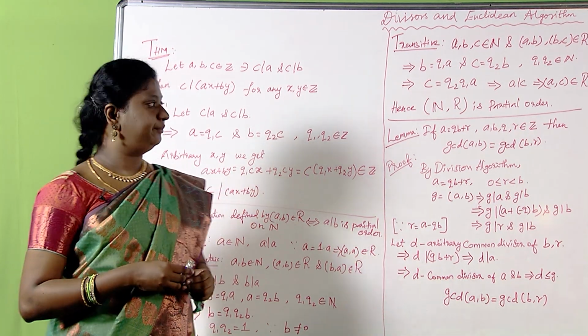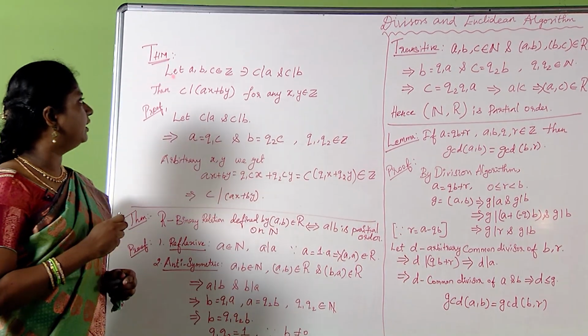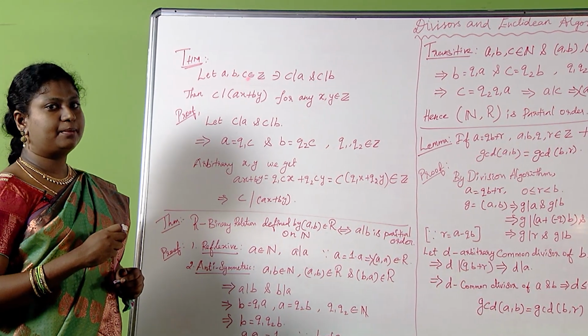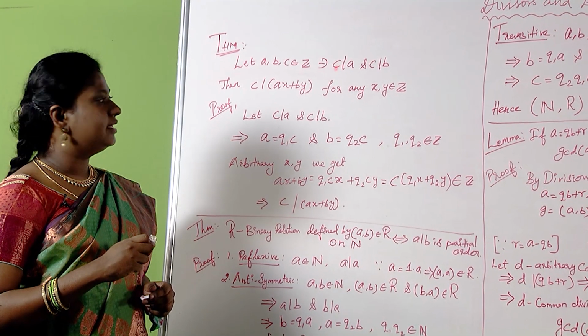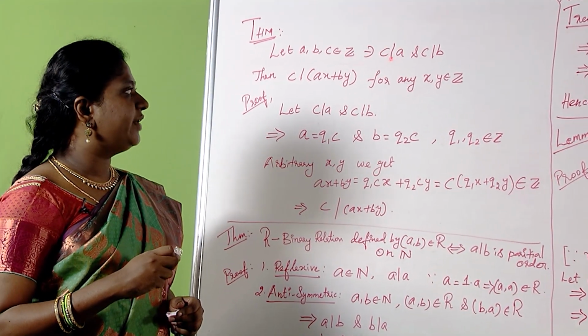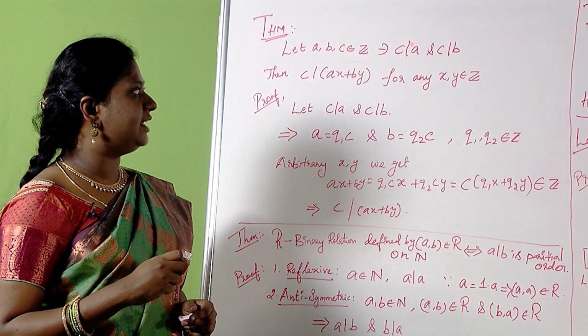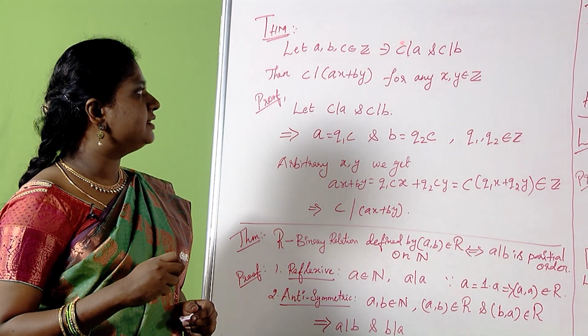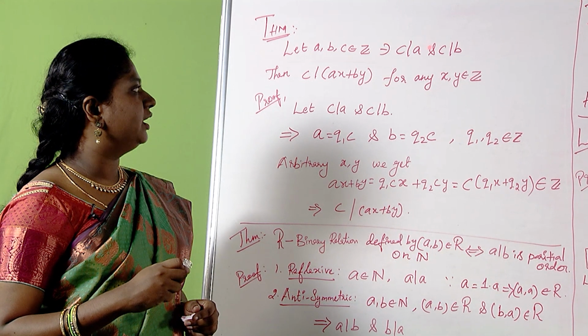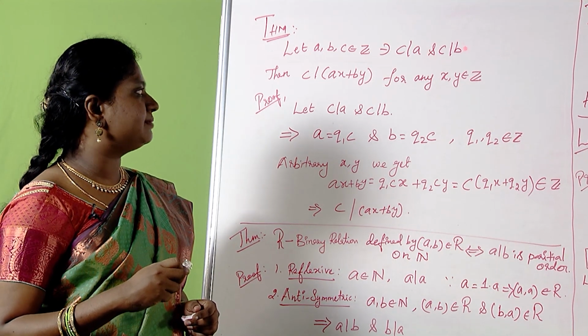The first theorem: here we have a, b and c to be integers such that c divides a. We have already spoken about this notation, the straight line. That means c divides a and c divides b.